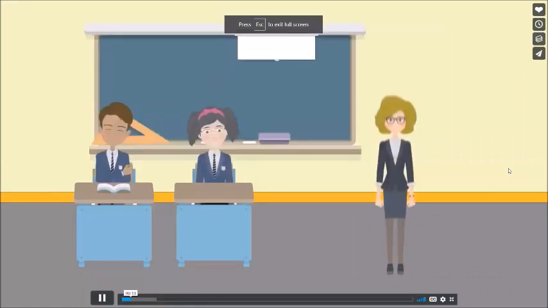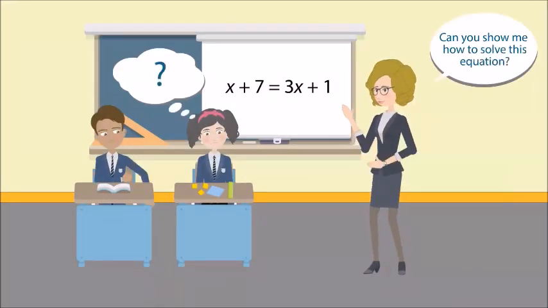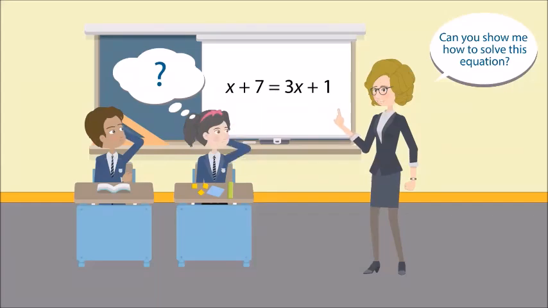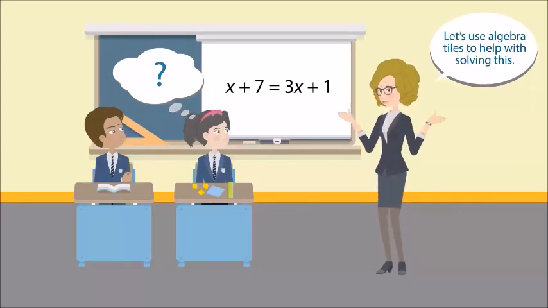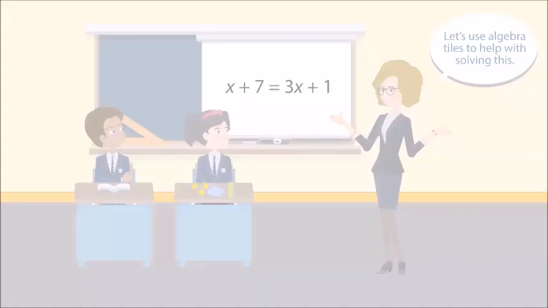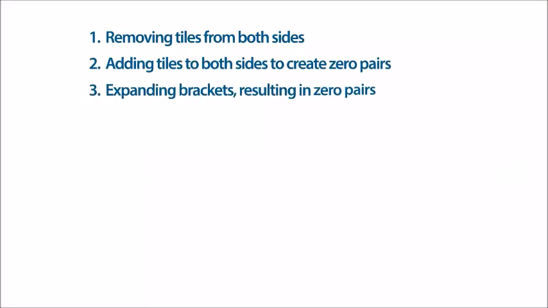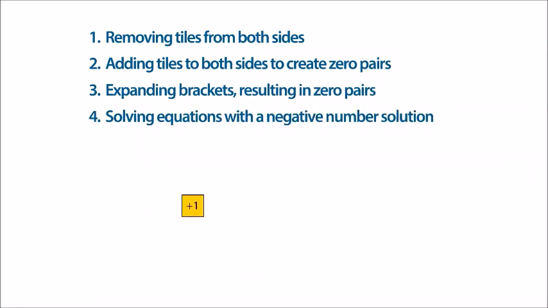Solving equations using only abstract numbers and symbols can leave some students confused. Algebra tiles help students to visually understand how to solve linear equations. Let's look at some linear equations to see how algebra tiles can help when solving them.